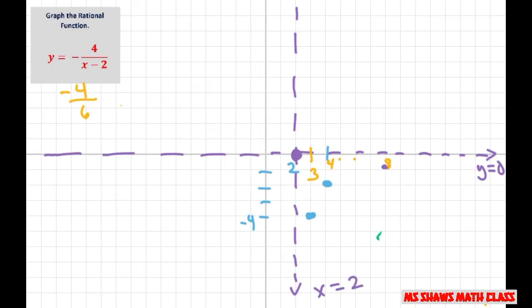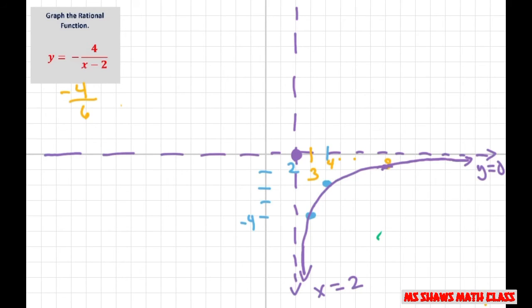And then given that we now know what the graph looks like, it's a little curvy, has these branches. So this branch right here gets closer and closer to y equals 0 because as x increases, my y value is going to get closer and closer to 0. And this branch is going to get closer and closer to x equals 2.